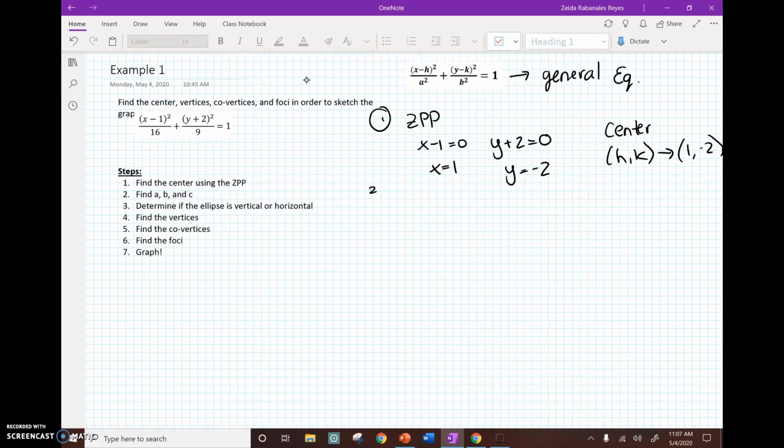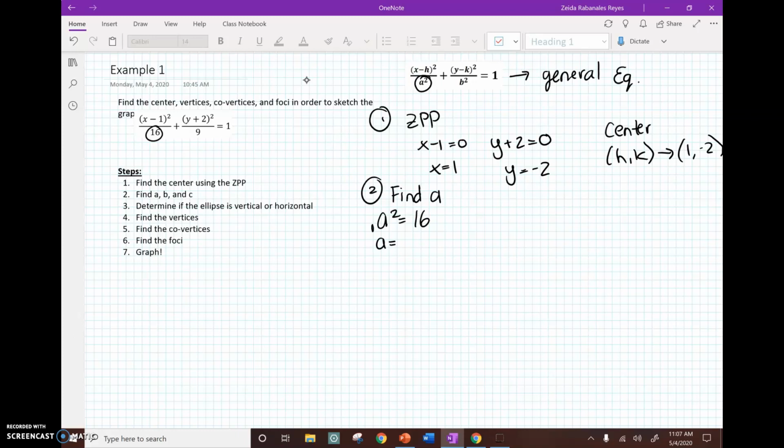Alright, so that's the first thing. Second thing, we're going to find A, B, and C. So find A. A can always be found on the left hand side, but that's A squared. So to find A, A squared is equal to 16, that value there.